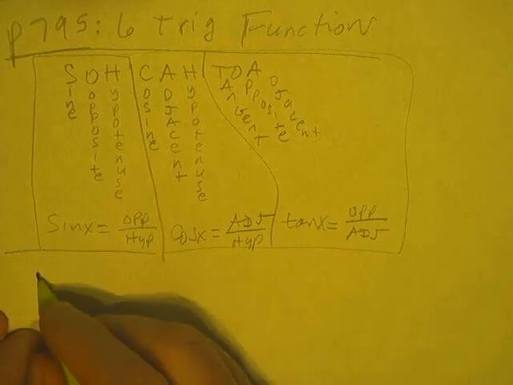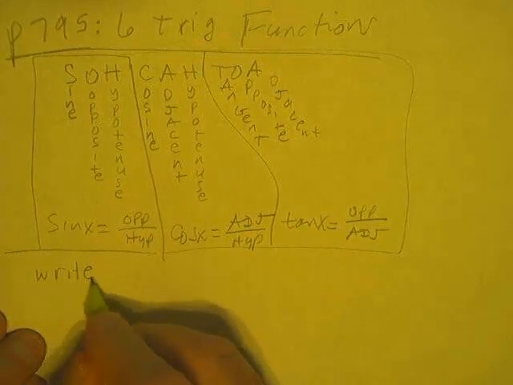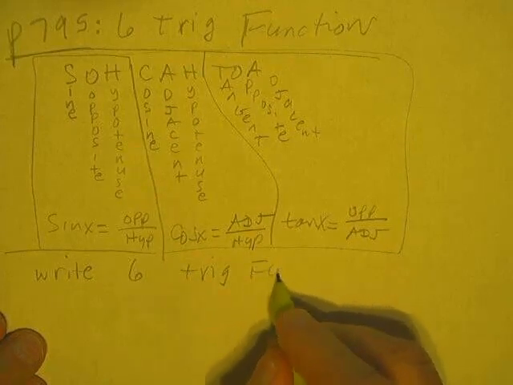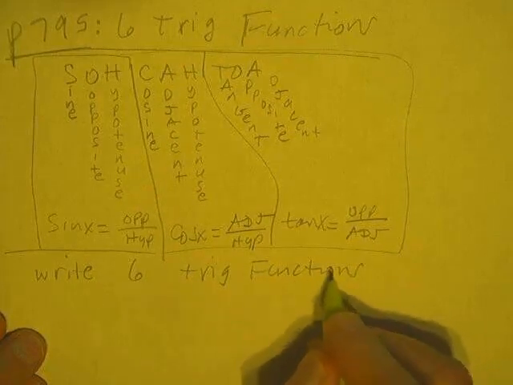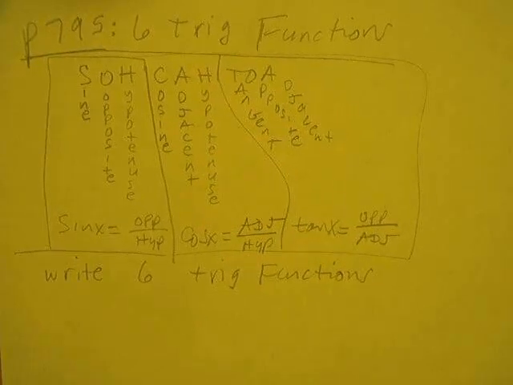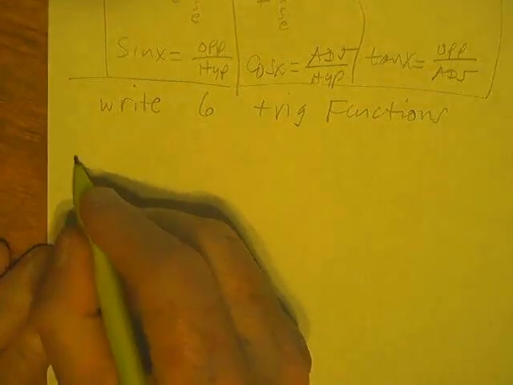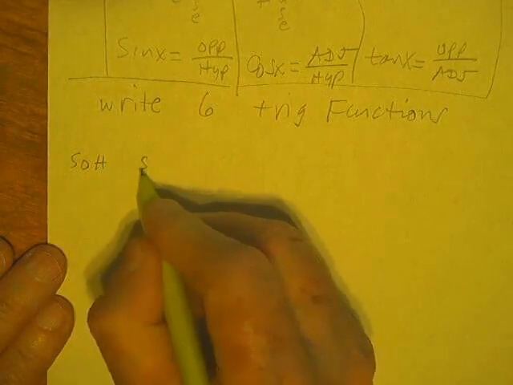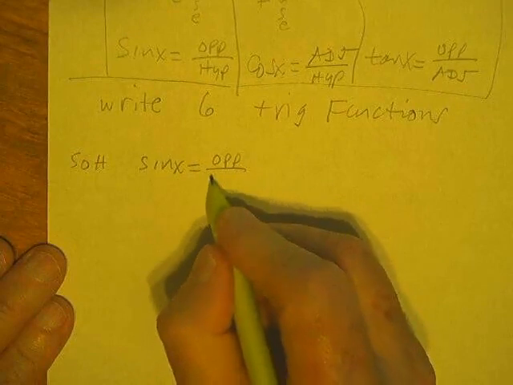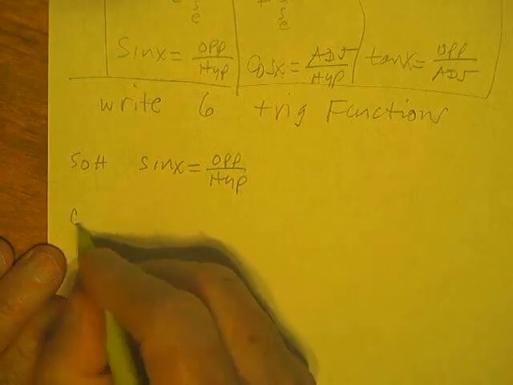Okay, and then the task is going to be to write the 6 trig functions. Well, sine, cosine, and tangent are only 3 of them. You may not have ever seen the other 3. So what you want to do every time is write this: sine is opposite over hypotenuse.